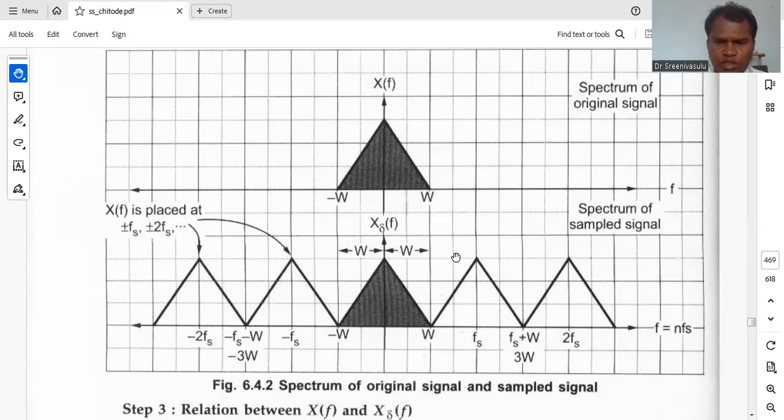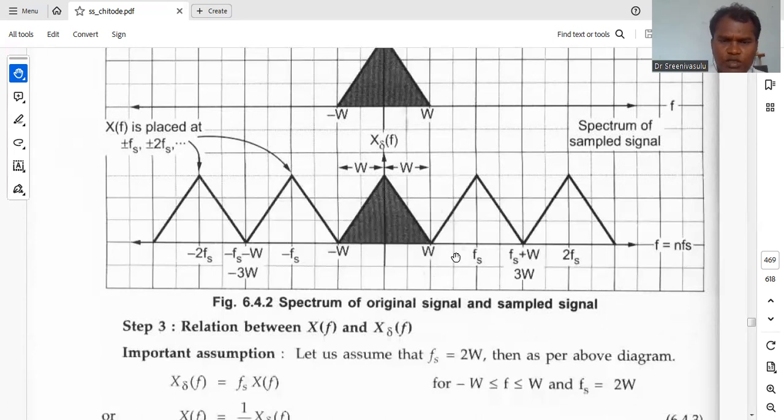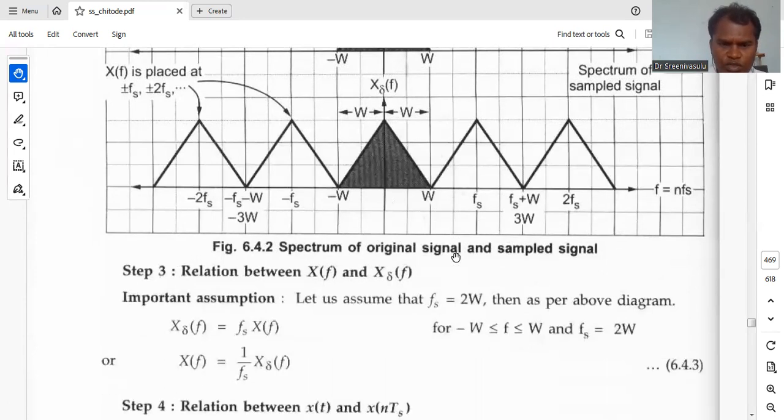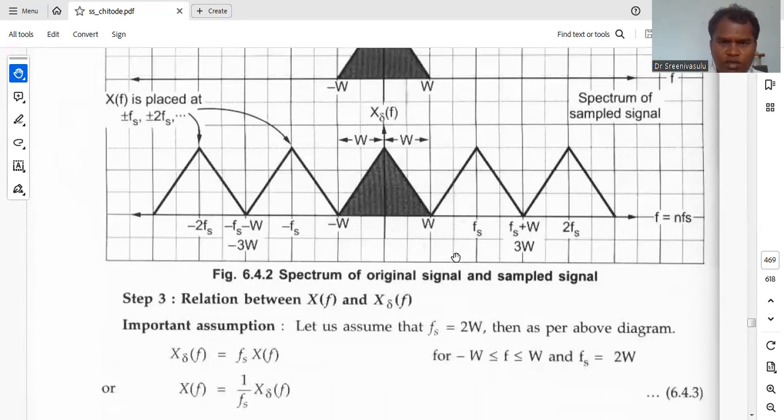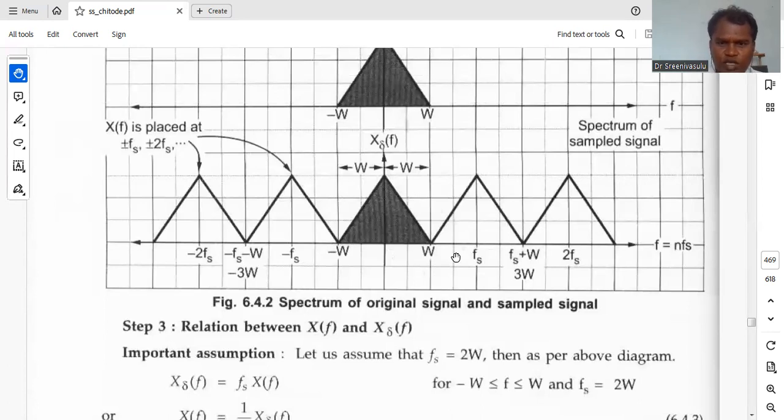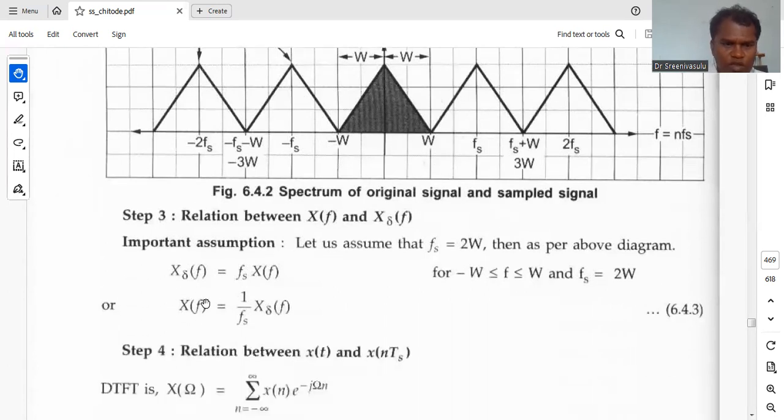So, it is the spectrum of the sampled signal. Now, if you see the relation between this sampled signal spectrum and the original signal spectrum, X delta of f is equal to Fs into X of f in the interval from minus W to plus W. Now, from this relation, X of f is equal to 1 by Fs into X delta of f.